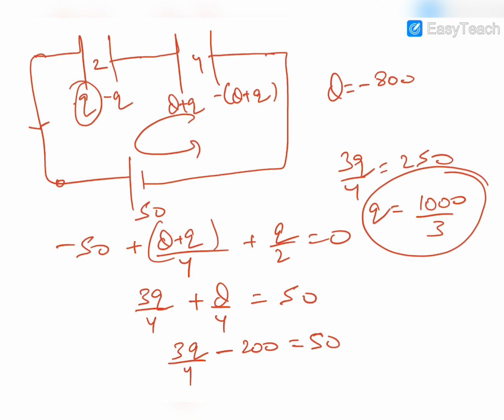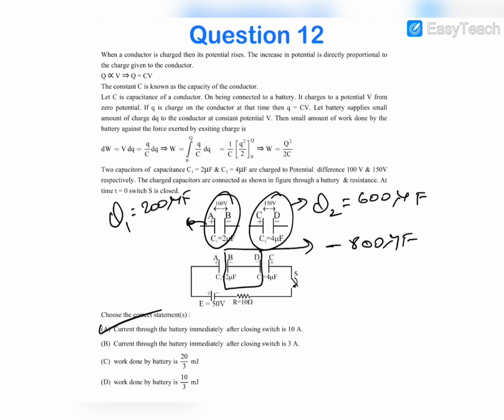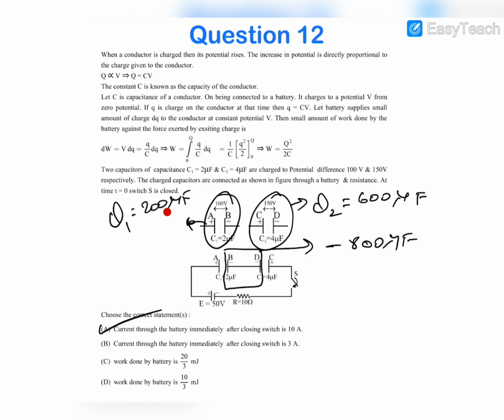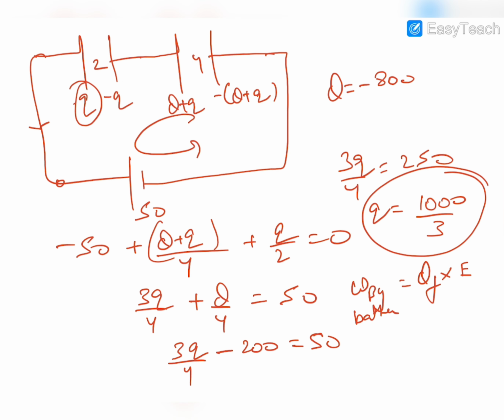Now we need to find out the work done by the battery. So work done by the battery is obviously Q flown into EMF of battery. So obviously we know that initial charge on this plate was 200 microcoulomb, and Q flown will be equal to final charge minus initial charge.